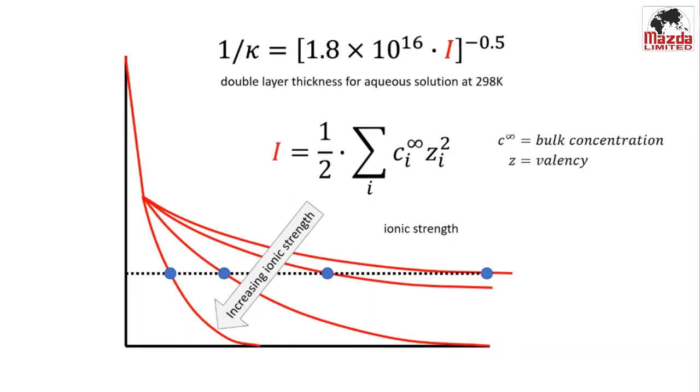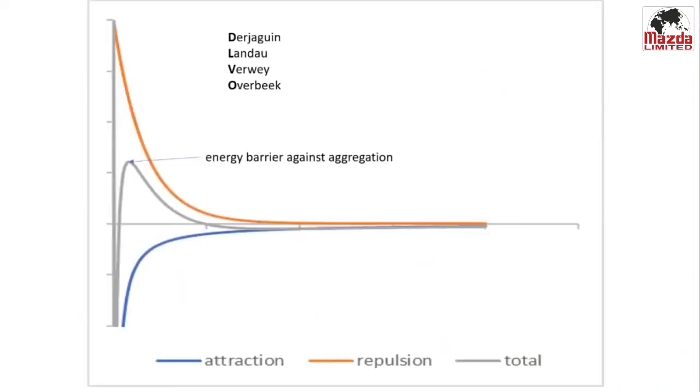How does that fit into the overall picture of colloidal interaction, where you have attraction as well as repulsion? According to the DLVO theory, you can add the inherent attractive potential energy, shown in blue, and the repulsive potential energy, in orange, to get the overall interaction energy, shown in grey.